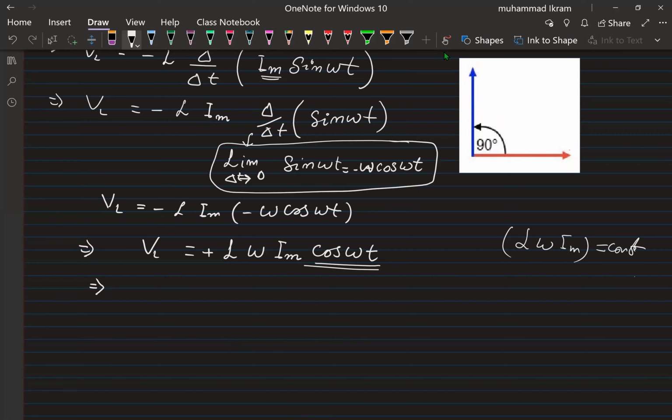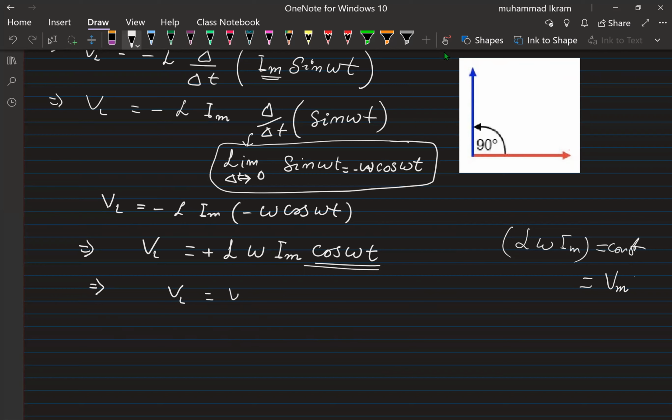If I write it like this, this whole constant is equal to V max. It is equal to the maximum velocity, so sorry, not the maximum potential difference, I'm so sorry. So here I can write this VL is equal to what?